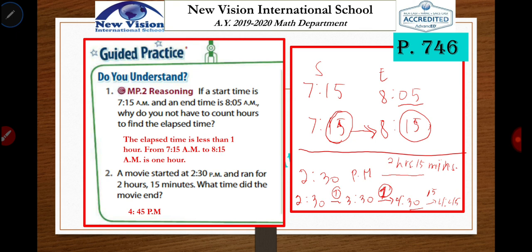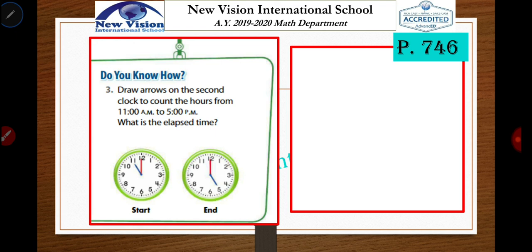Did you answer it right? Good. All right. Next, we have the do you know? Draw arrows on the second clock to count the hours from 11 a.m. to 5 p.m. What is the elapsed time? Okay. So what is the start time? The shorthand is at 11 and the minutes is at 12.